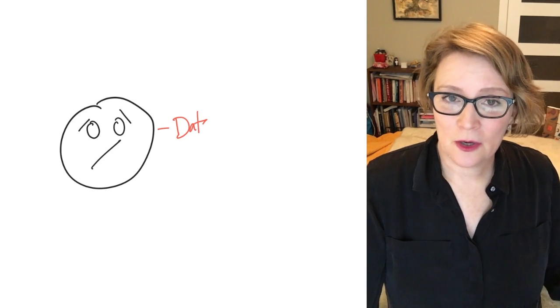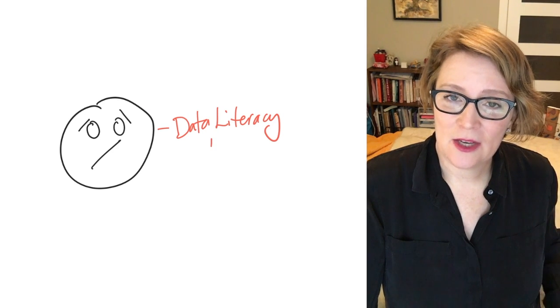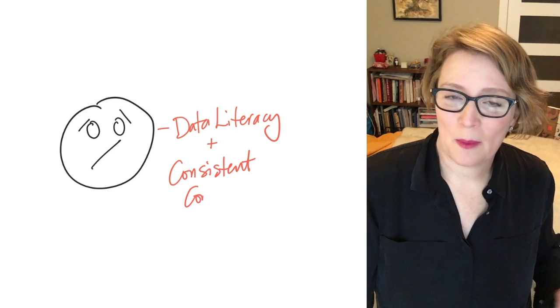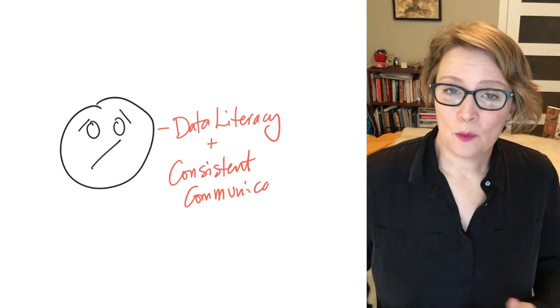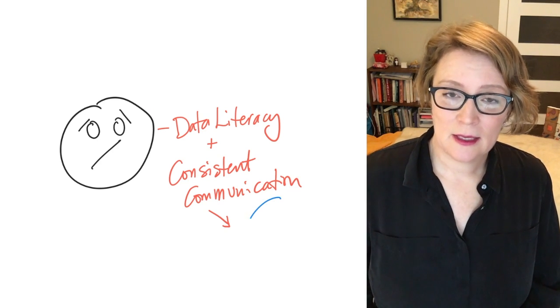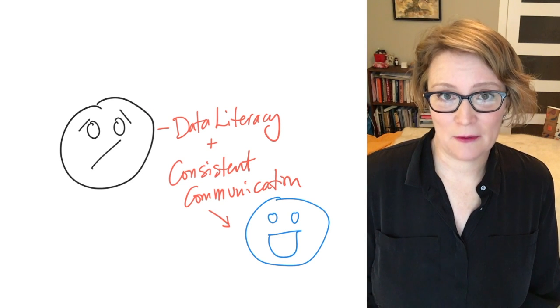So there's two different things that need to go on. The public at large needs a good data literacy education on what uncertainty means, what confidence intervals mean, what probabilities mean. And then we, as data journalists and data scientists, need to consistently communicate to the audience that the uncertainty exists and that it is meaningful.